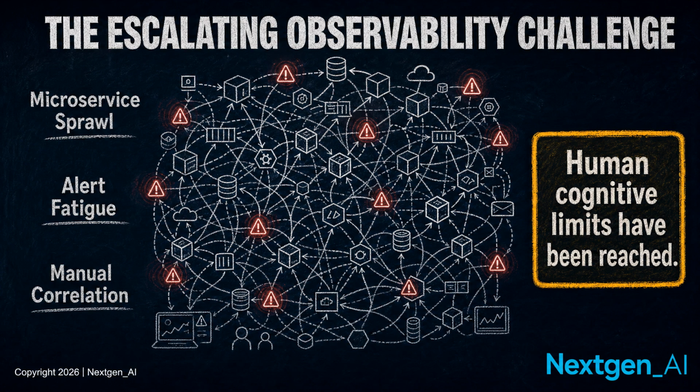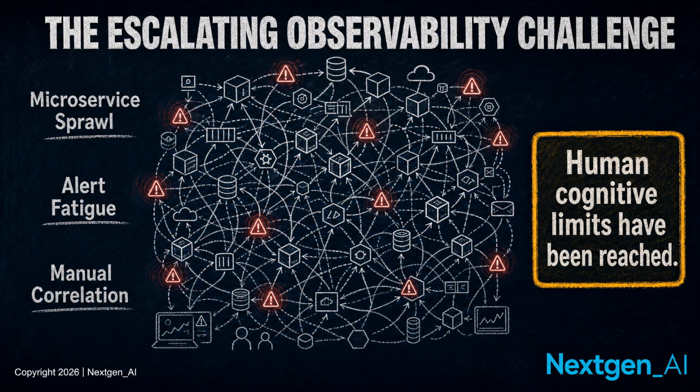Consider a single user transaction traversing dozens of interconnected components, containers, serverless functions, API gateways across multiple cloud regions, each generating distinct metrics, exhaustive logs, and complex distributed trace segments. This relentless deluge of high-cardinality data is overwhelming even the most experienced engineering teams.